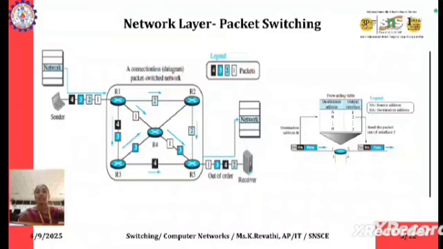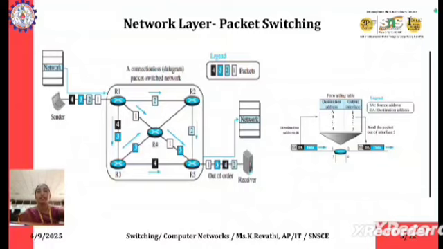Router 5 is the destination router. It will collect all the packets and send them to the receiver in the receiving order, but the receiver will rearrange the packets coming from the sender, that means 1, 2, 3 and 4. This is called packet switching.